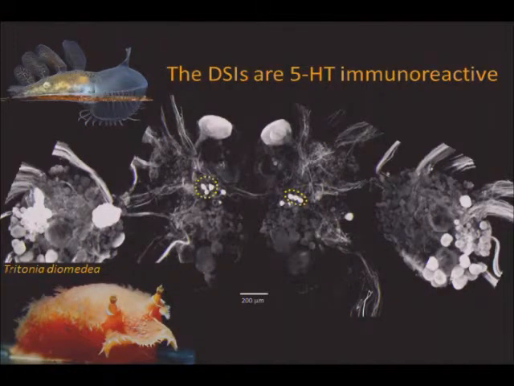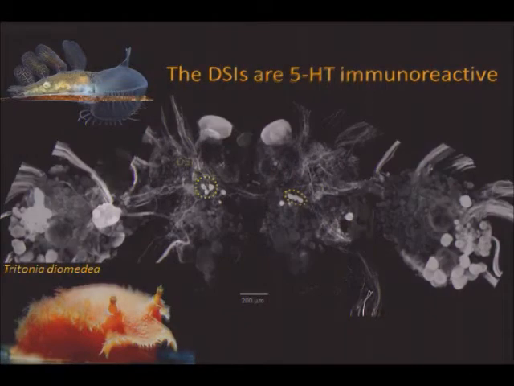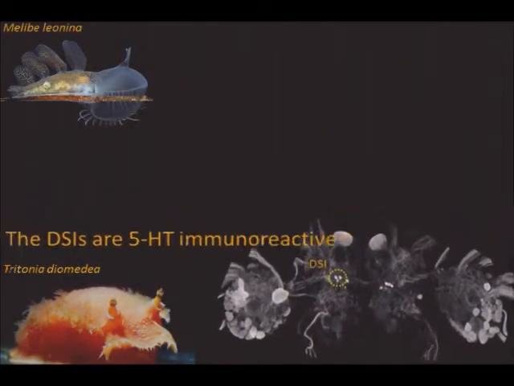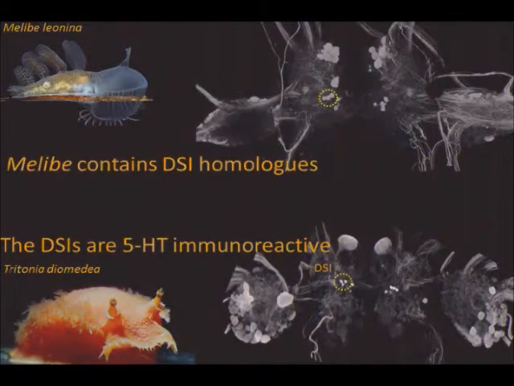I should mention these neurons are found in every single gastropod that's ever been examined. So the DSIs in Tritonia are serotonin immunoreactive, and there are homologs in Melibe that are also serotonin immunoreactive. They also share other properties of the DSIs. They have the same axon projection pattern, etc.